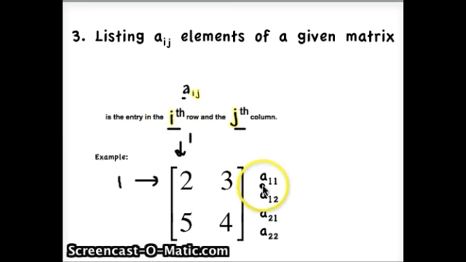So the variable located in the first row and the first column is 2. First row, first column. So A11 would be 2. A12 would be the first row, second column. So we have our first row, second column. So that would be 3.